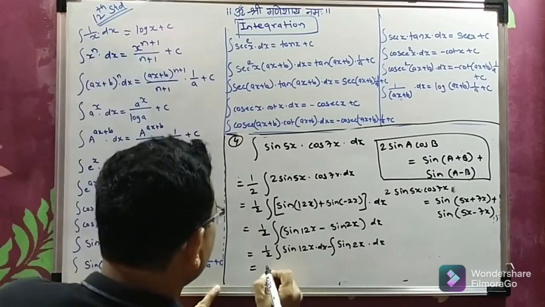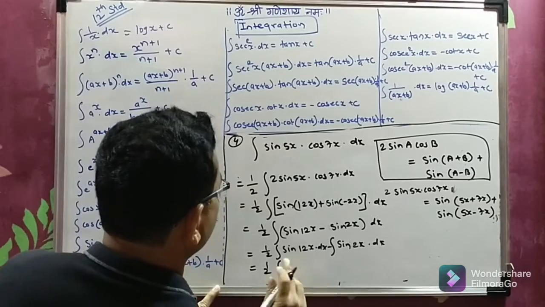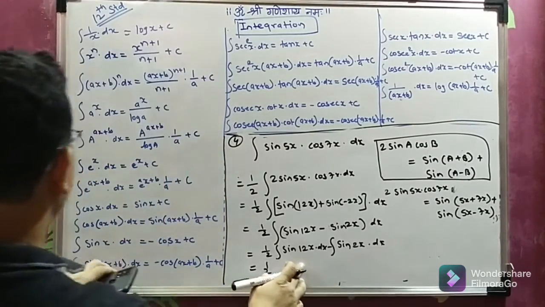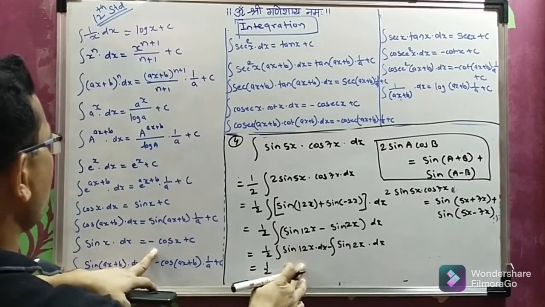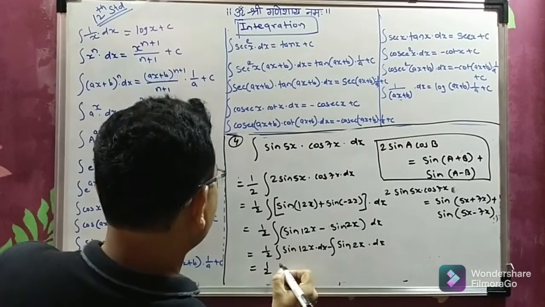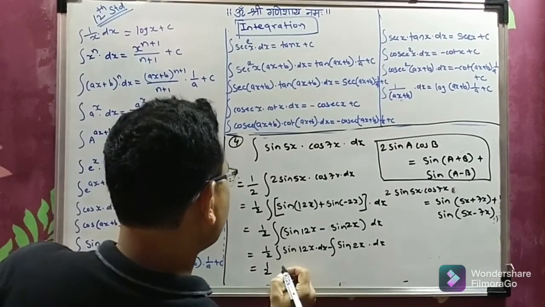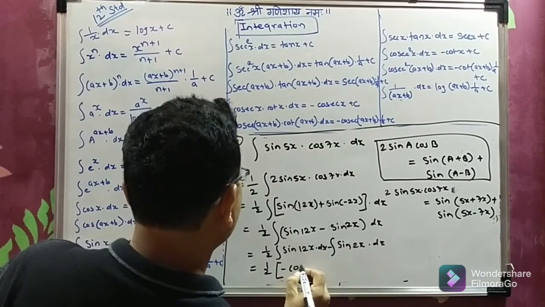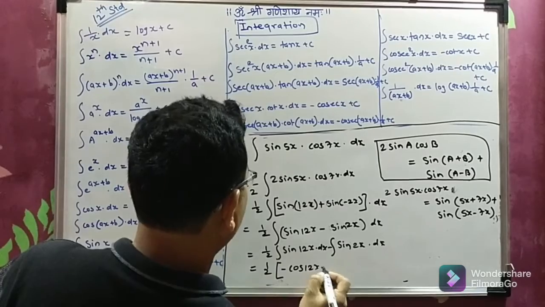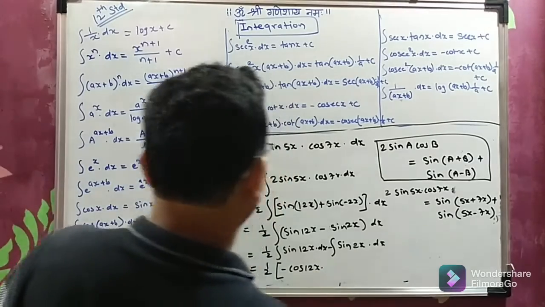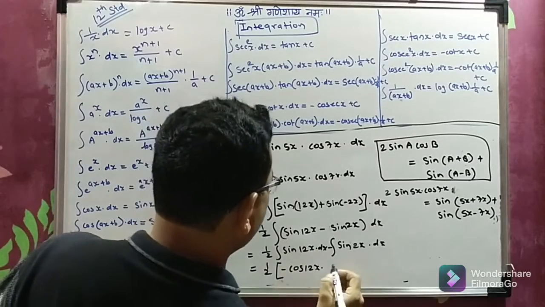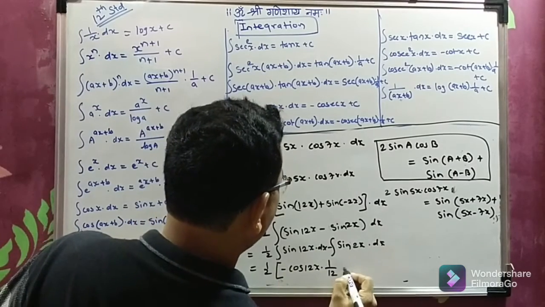So the answer will come here. Integral of sin 12x is minus cos 12x, and when you integrate this 12x, the answer will come 1 upon 12.